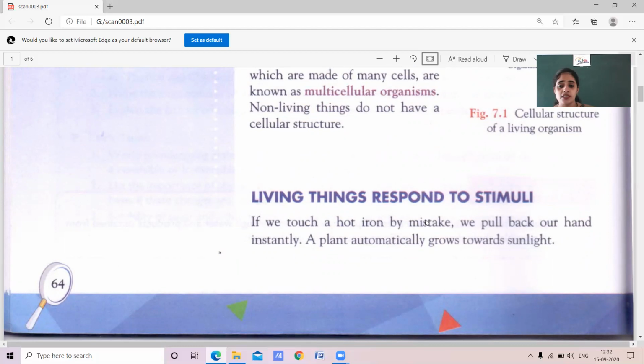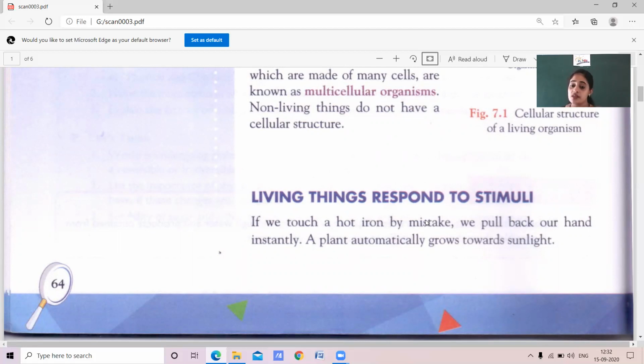How are we responding? If you touch a hot iron by mistake, or a hot vessel or utensil, you suddenly remove your hand. This is because a message is sent to the brain, and the brain indicates it is a hot material and you must remove your hand.